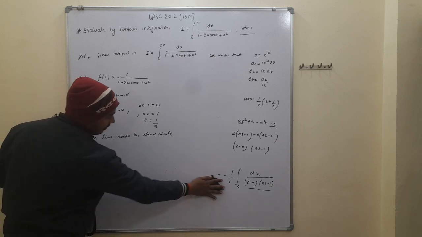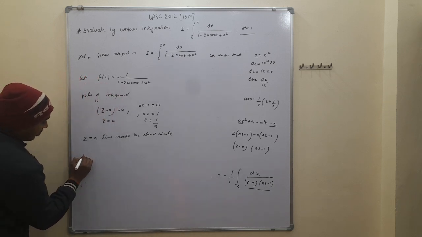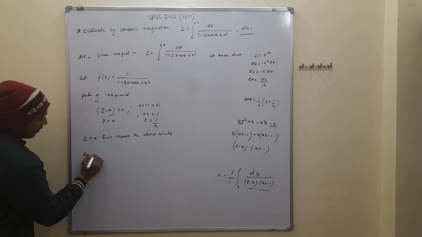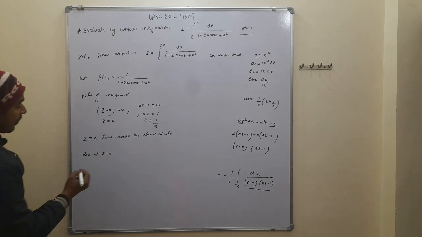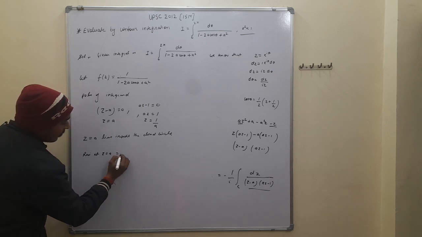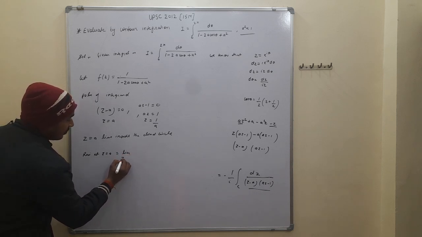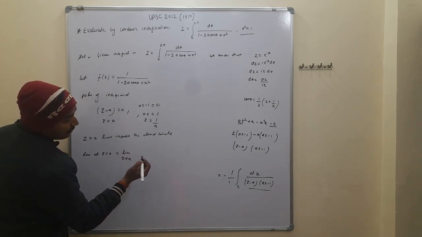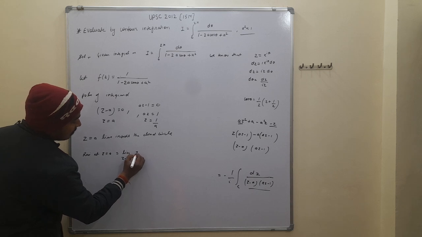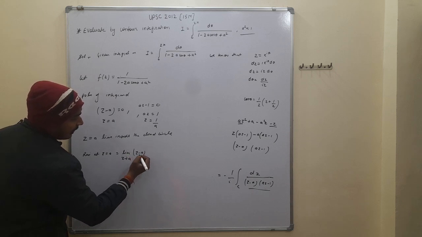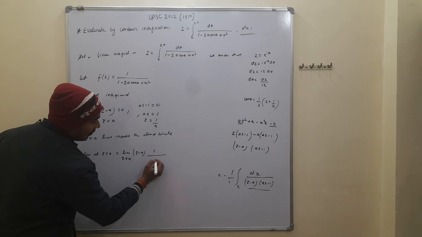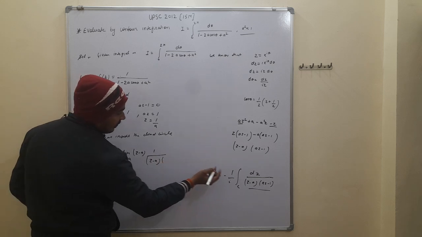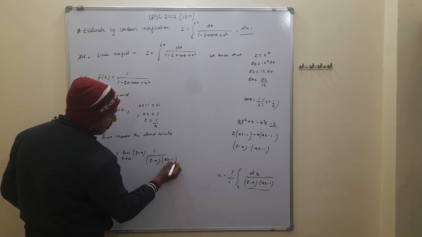This is given by residue at z is equal to a. This is given by limit z tends to a, and this is given by, once again, z minus a, and this is f(z), this is 1 upon z minus a, and this is az minus 1, az minus 1.